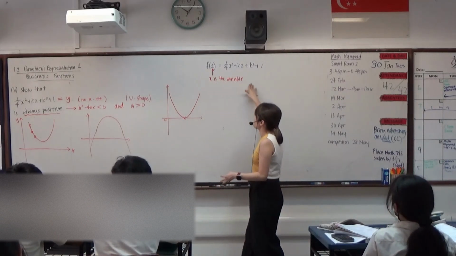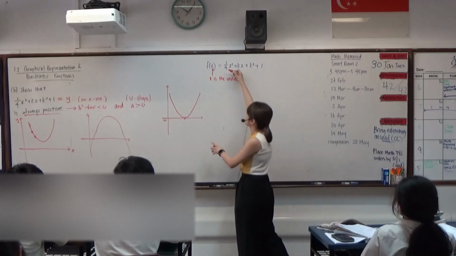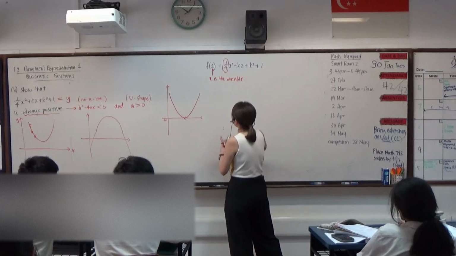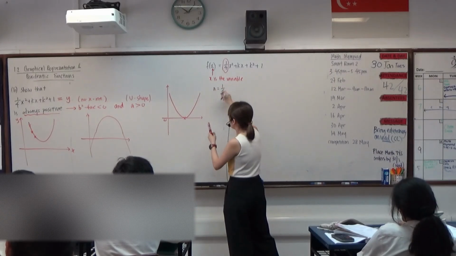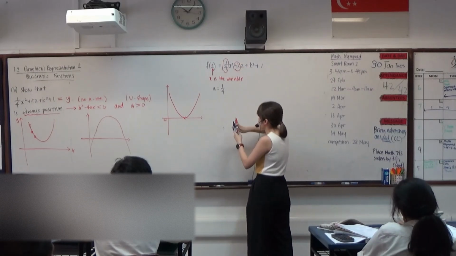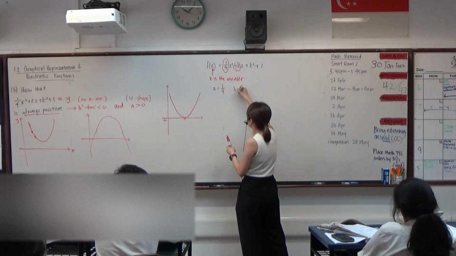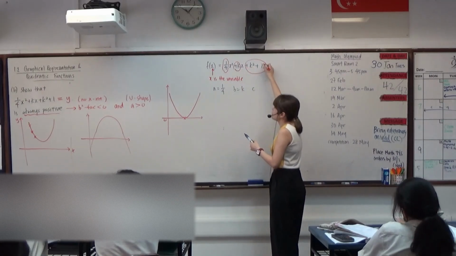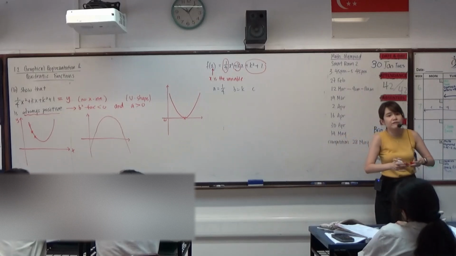So x is the variable in this case, and that will help you identify that this is going to be your a, and then your b is going to be k, in fact positive k, and then your c is the constant. It has no association with the x.